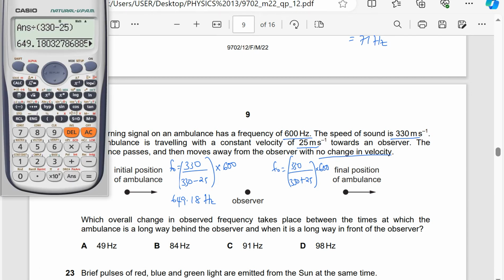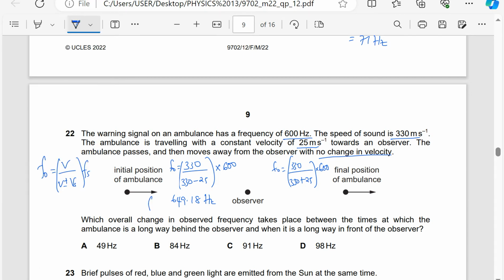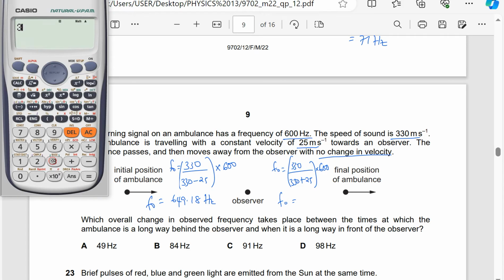Yes. Then let me check here. So this is the observed frequency when it is towards. Then the observed frequency when it is away will be 330 times 600 divided by 330 plus 25. So this is 557.75.